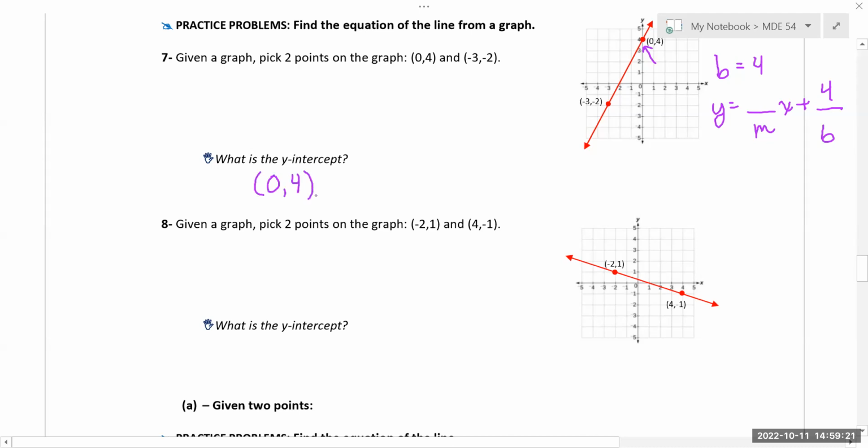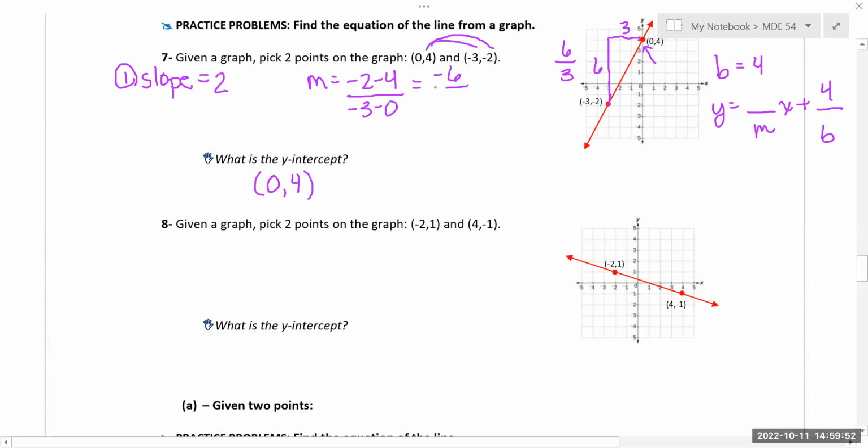All right, so this one, I can start with the slope. Now, if I have the graph and I have 2 points, I can count 1, 2, 3, 4, 5, 6, over 1, 2, 3, and do 6/3 for the slope. Same thing as if you solved it: y2 minus y1 over x2 minus x1, you get -6/-3, which is 2.